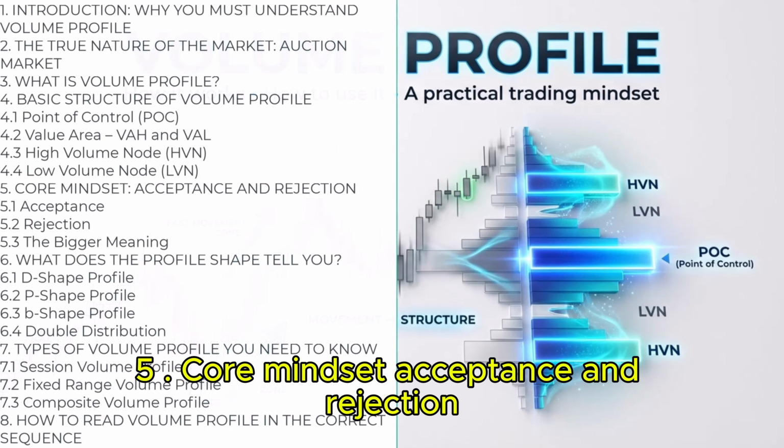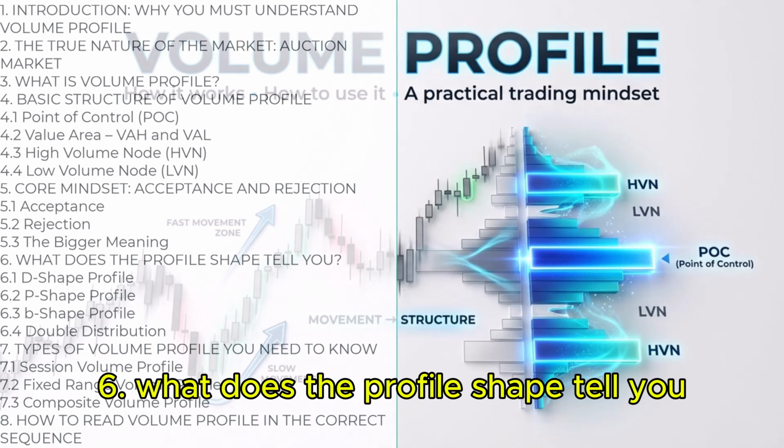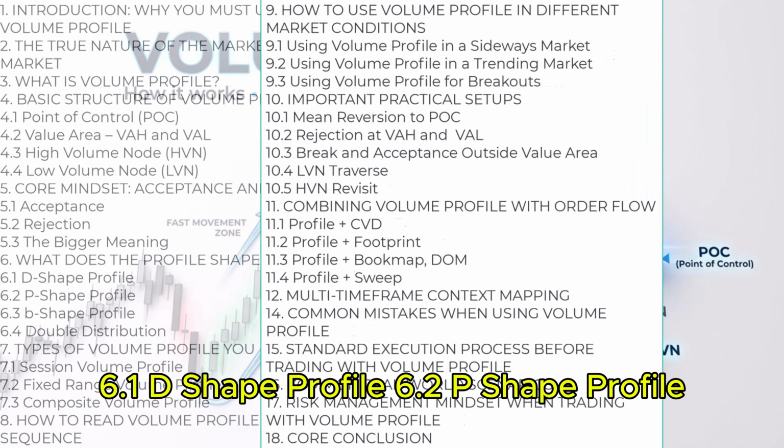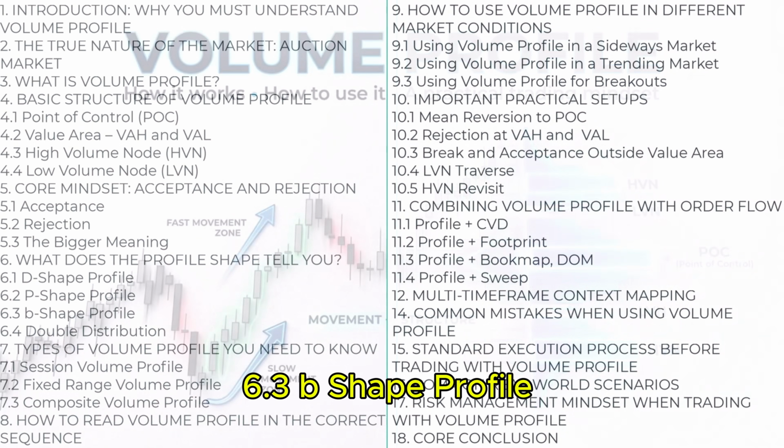5. Core mindset, acceptance and rejection. 5.1. Acceptance. 5.2. Rejection. 5.3. The bigger meaning. 6. What does the profile shape tell you? 6.1. D-shape profile. 6.2. P-shape profile. 6.3.